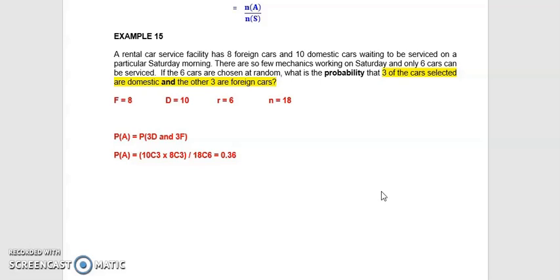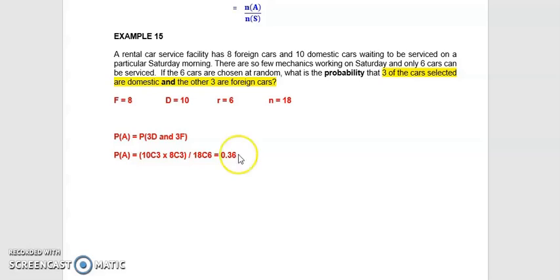Just now, the value of probability must be from 0 to 1, right? If you look at your answer here, 0.36, this is closer to 0, meaning less than 50%. Probability we can also express as a percentage, so 0.36 we can also use as 36%.